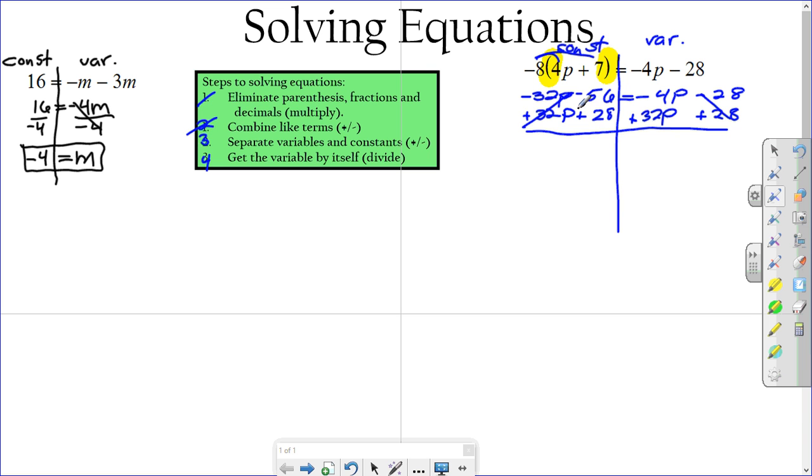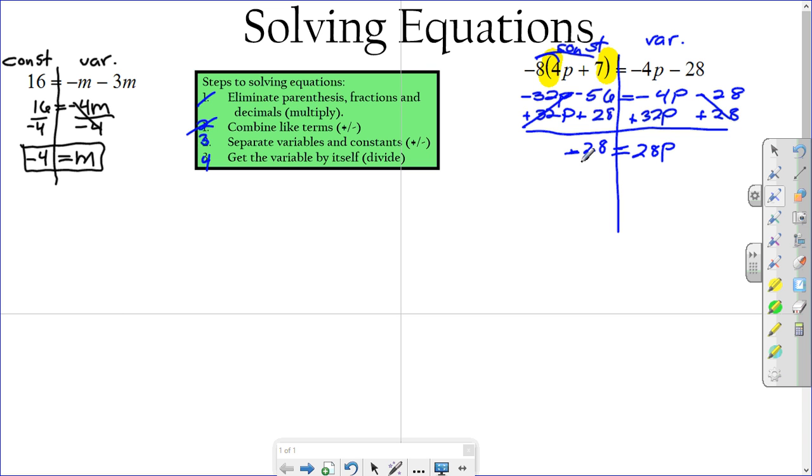If you owe me $56 and you have $28, once you pay me, you still owe me $28. So negative 28 is equal to, if you owe me 4 and you have 32, when you pay me, you have 28 left, 28p.